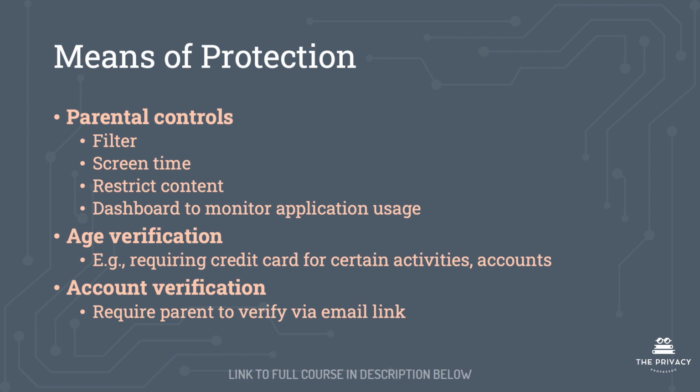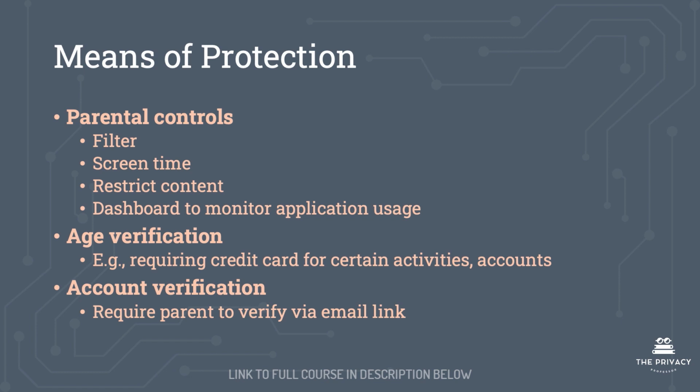There are several controls that parents have that can help them exhibit some type of control over their children's use of technology. These include filters, screen time restrictions, the restriction of certain content, and dashboards to monitor application usage. One example would be Apple iPhones.